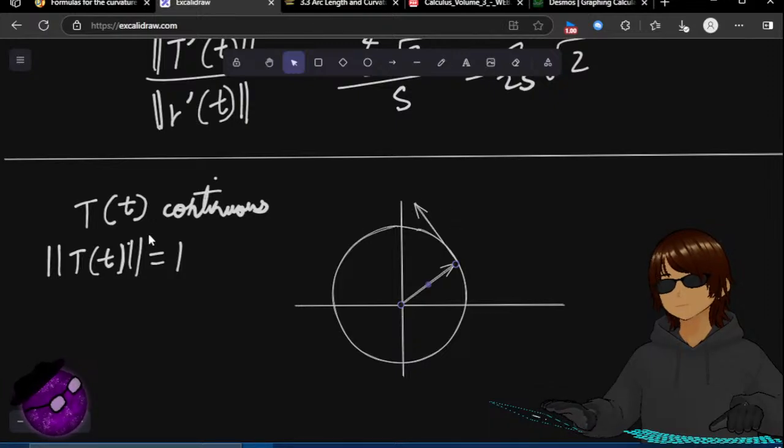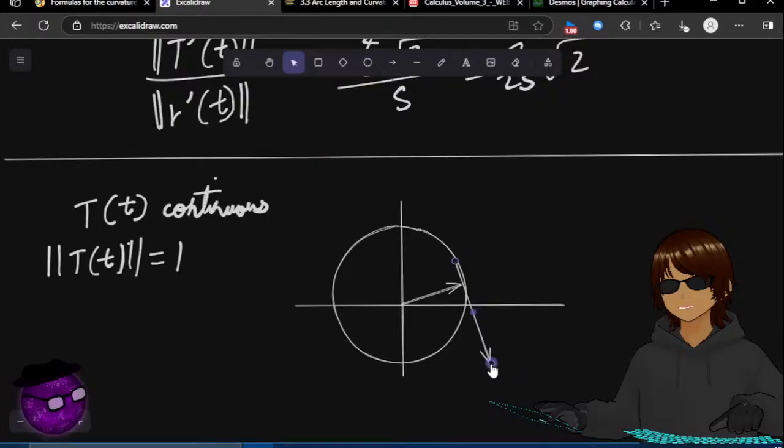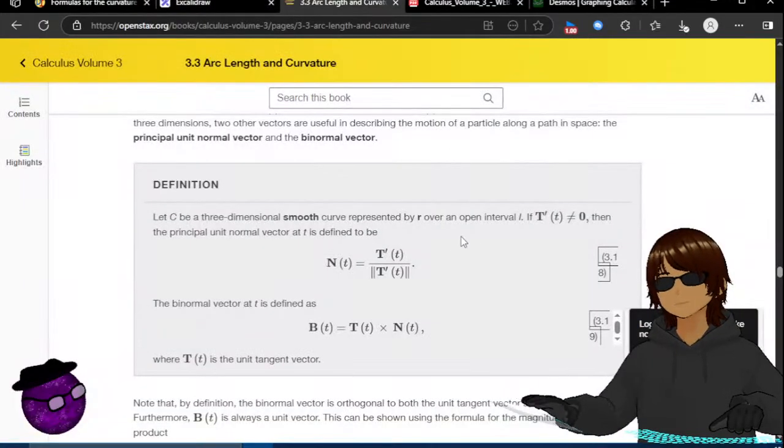And yeah, it would be perpendicular to T. If it's going in that direction, then the derivative would be going in that direction. It will be perpendicular to T because it's tangent to the circle.